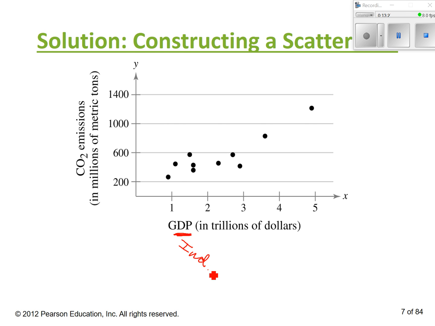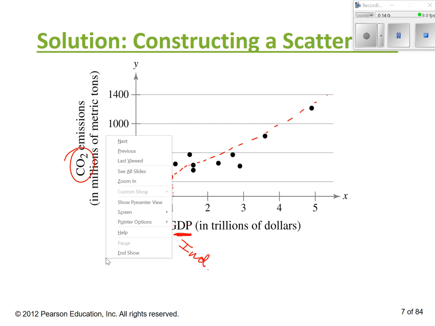We're starting off knowing that this country was just over $1 trillion there, or right at 1 trillion or so. And we're trying to figure out how does that affect how much CO2 emissions that they put out. And just looking at this, it looks like as the GDP goes up, it looks like that the amount of emissions also goes up. So it looks like it has a positive correlation.